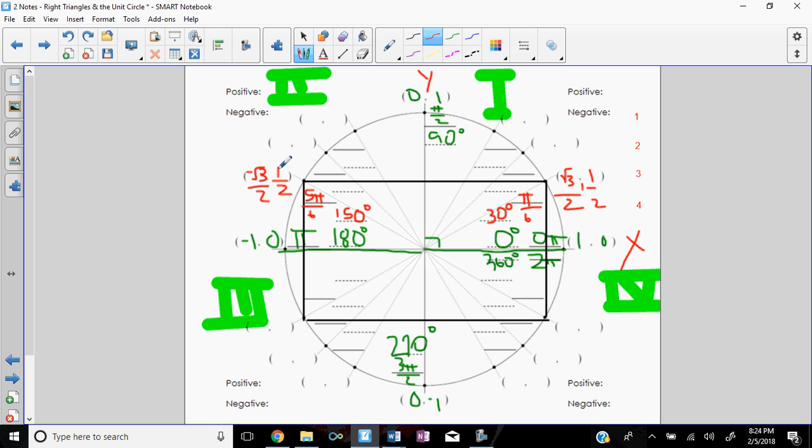All right, so if I go back down to this point here, again, the x and the y values are going to have the same absolute value, but the signs of the numbers are going to depend on what quadrant they're in. So in quadrant 3, both values are going to be negative. So this is going to be negative square root of 3 over 2, and negative 1/2.